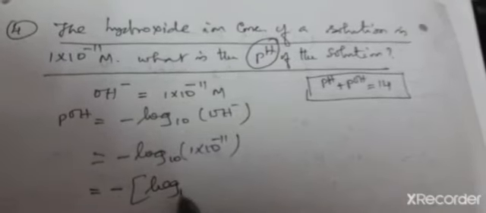You can write in the expanded form, that is minus, log 10 1 plus log 10 power minus 11. Then this is going to be 0, then minus 11 log 10, and this value is 1, so minus 11 into 1. So pOH is equal to minus into minus plus, pOH is equal to 11.